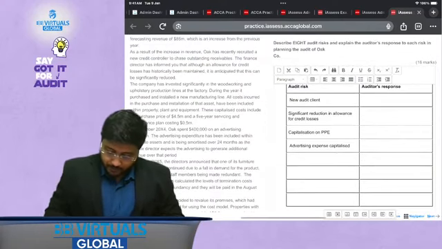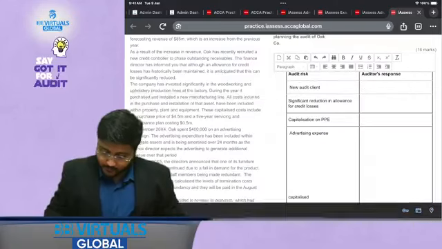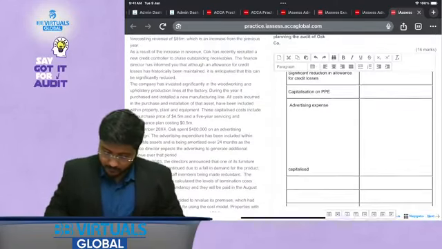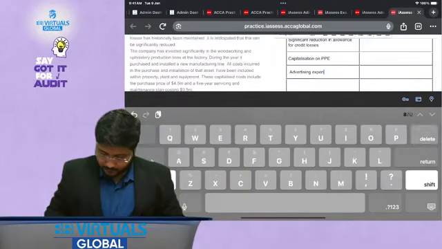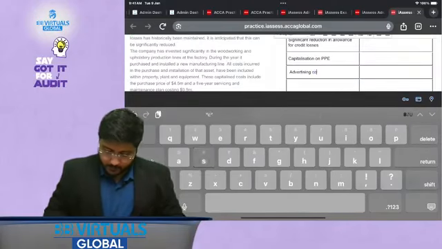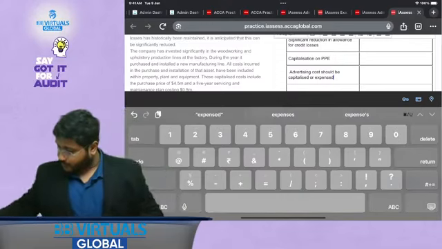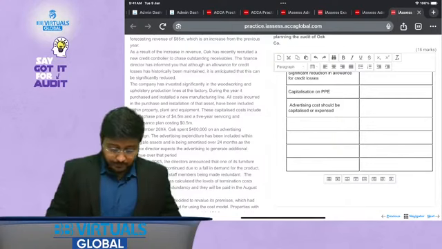It should not be capitalized; it should be an advertising expense, otherwise we have already considered it as an expense. Advertising cost should be capitalized or expensed. This is one audit risk, right? This is one audit risk. You can also write it in your notepads also.